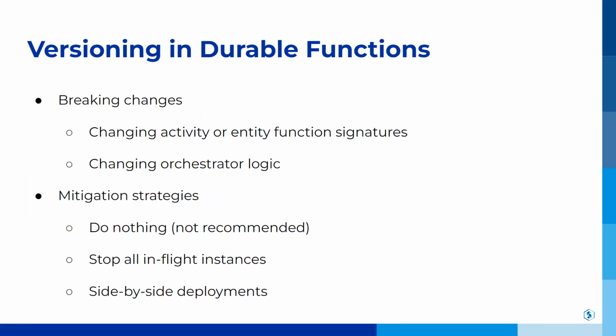There are some things you have to keep in mind when you make breaking changes, maybe a refactor in any of the functions, or the signature, maybe you change a type or some parameter, or you add a parameter, or maybe inside the orchestration you change how it's going to process the data.